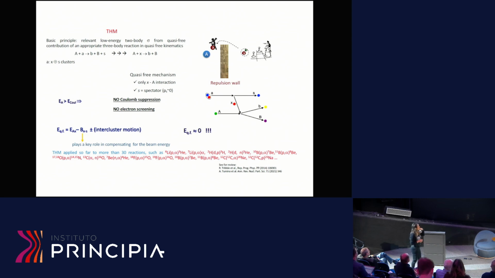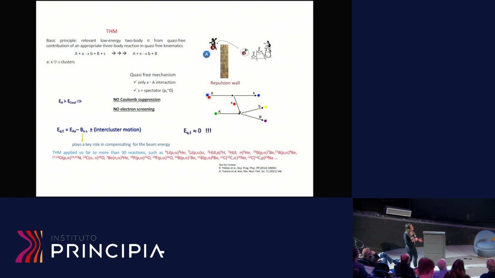This means that the entrance channel here is off the energy shell. So you cannot write that E is equal to P squared over 2m. It's like you have to pay an additional fee in order to make these two objects break up.